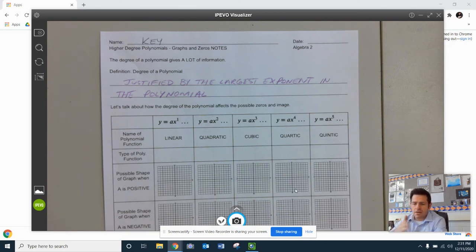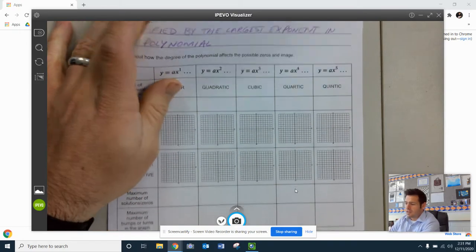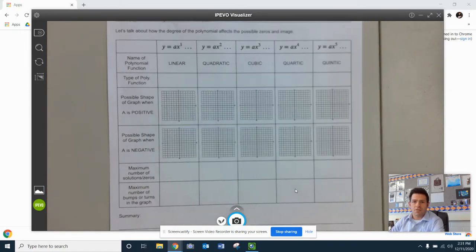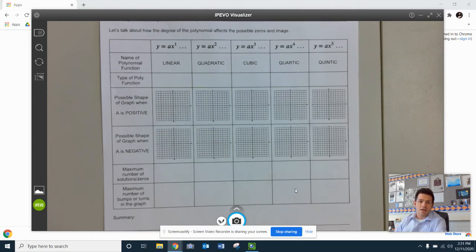But besides that here, what I want to do is just show you and go through, in this video at least, different ways that these functions can appear. And then down here at the bottom, talking about the maximum number of solutions or zeros, and as well the maximum number of bumps or turns in the graph.